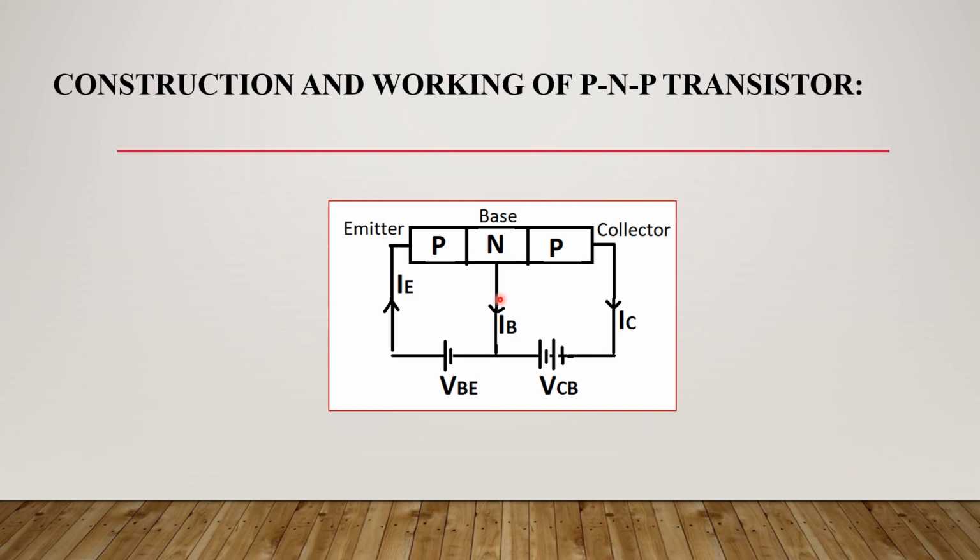The base voltage in this PNP transistor needs to be more negative than the emitter voltage. It is approximately 0.7 volts for silicon and 0.3 volts for germanium.